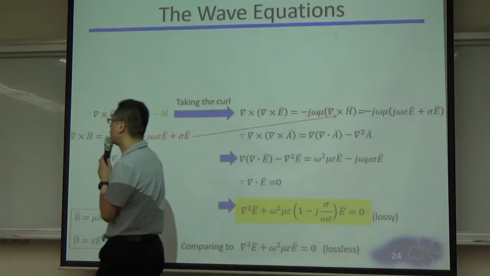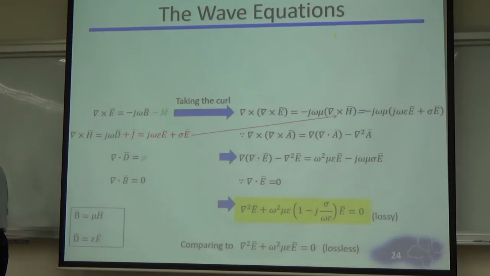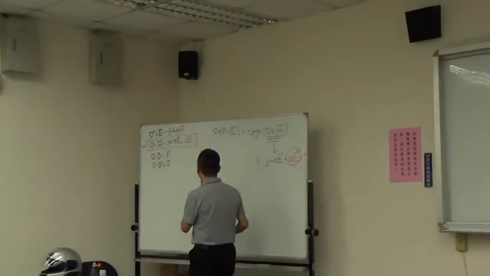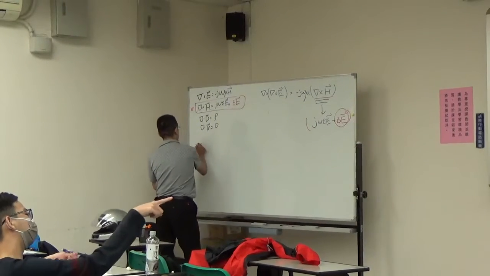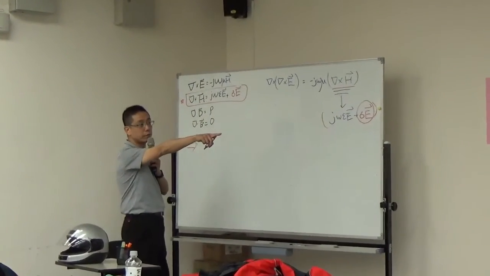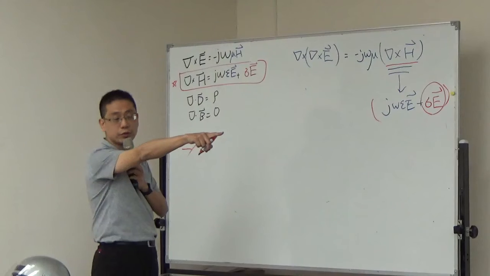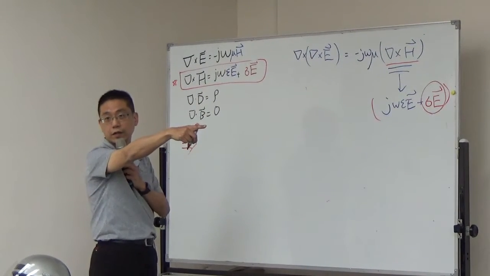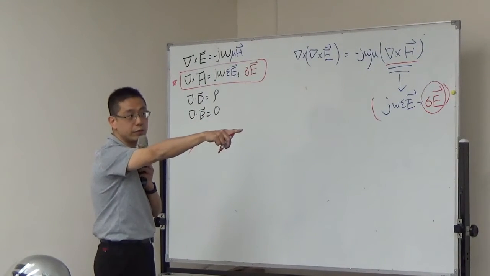Let me write down this term. Okay. If you want to get into more details, maybe you can try by yourself. But what I'm going to do is you just do the same thing and you will obtain the same result.